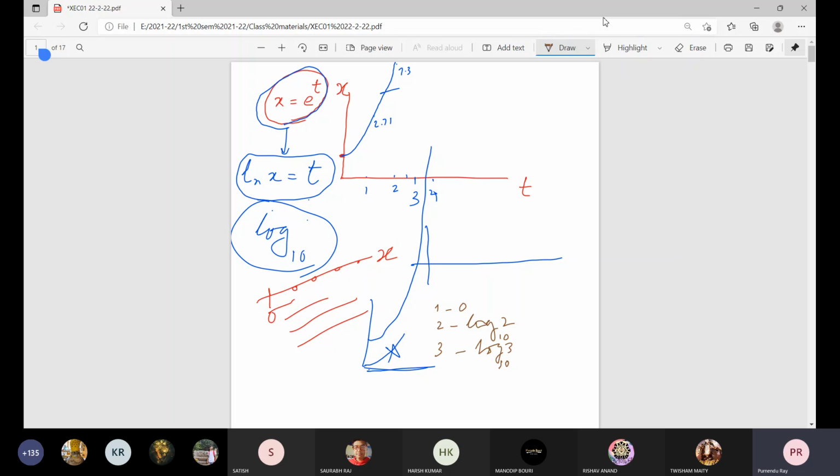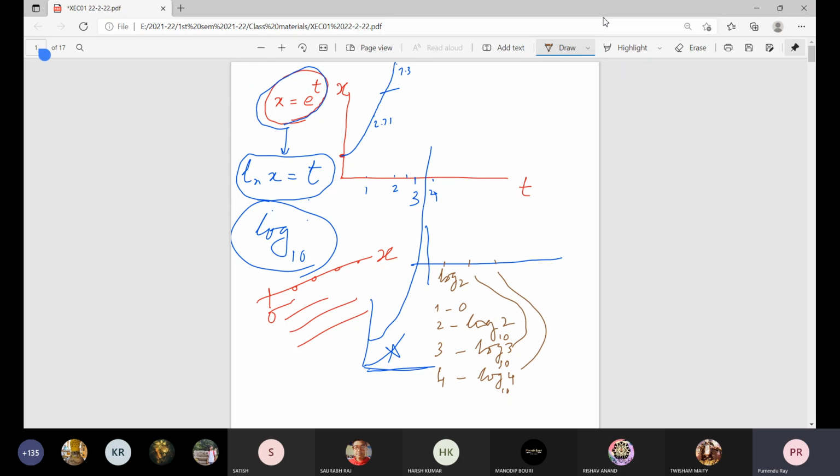In fact, we should not write log with respect to 10 like this, because log means base 10, and ln is the natural logarithm with base e. Now for 4 we calculate the log value and plot it here. Log 2, log 3, then log 4, etc.